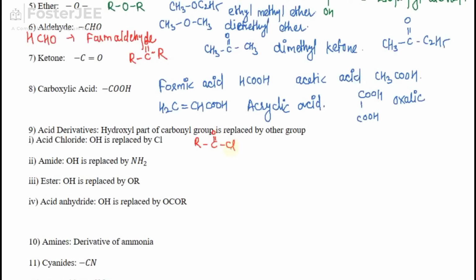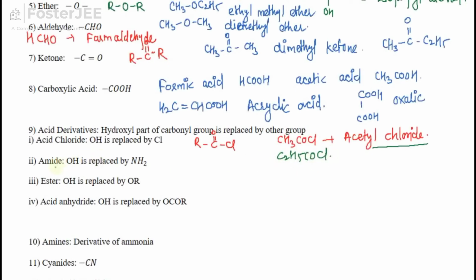These are the acid chlorides, and for CH3COCl, the name of the compound is acetyl chloride. Here the suffix used is yl chloride. Similarly, propionyl chloride for C2H5COCl.